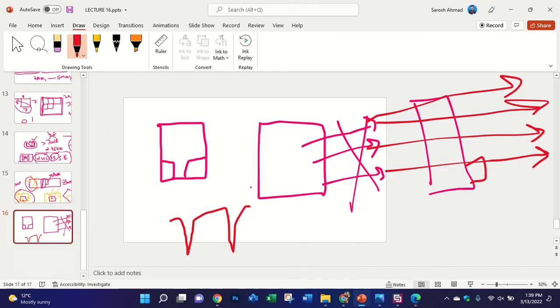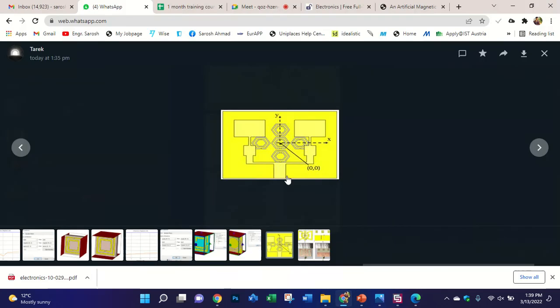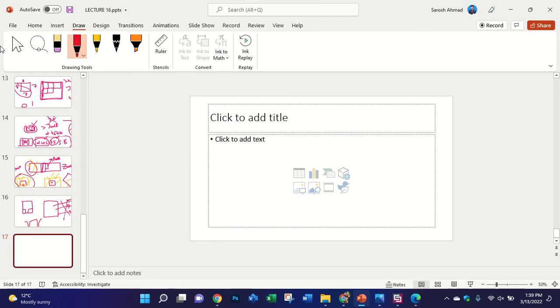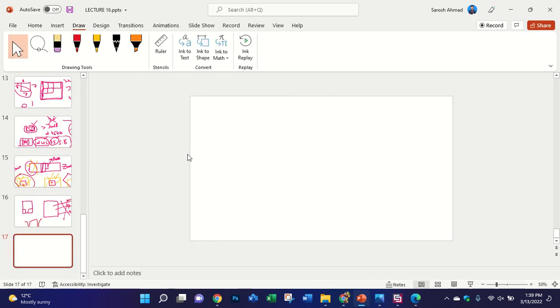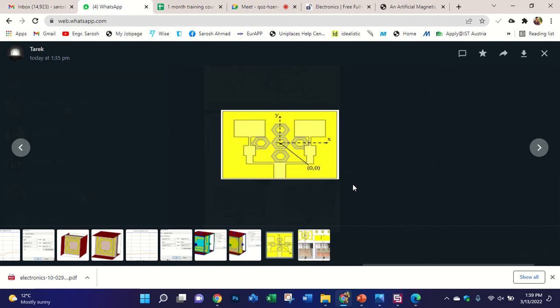Actually, in this design they did not simulate the unit cell, but they are calling it a metamaterial based antenna. People do this actually. But he didn't show us the properties of the metamaterial. Sometimes.